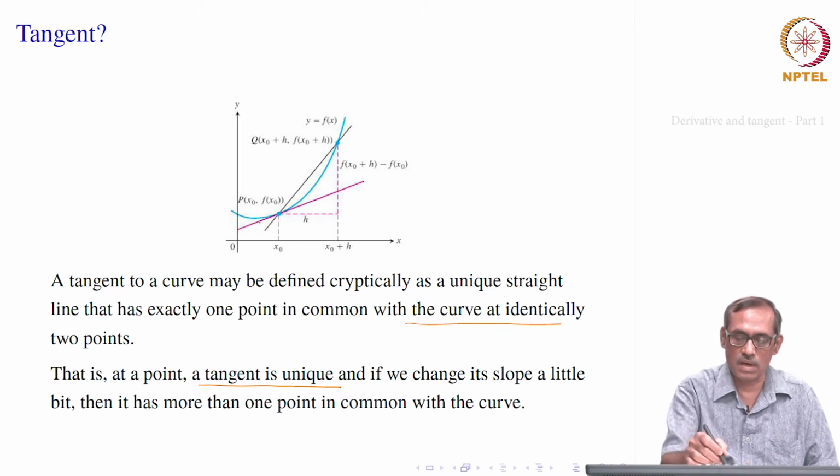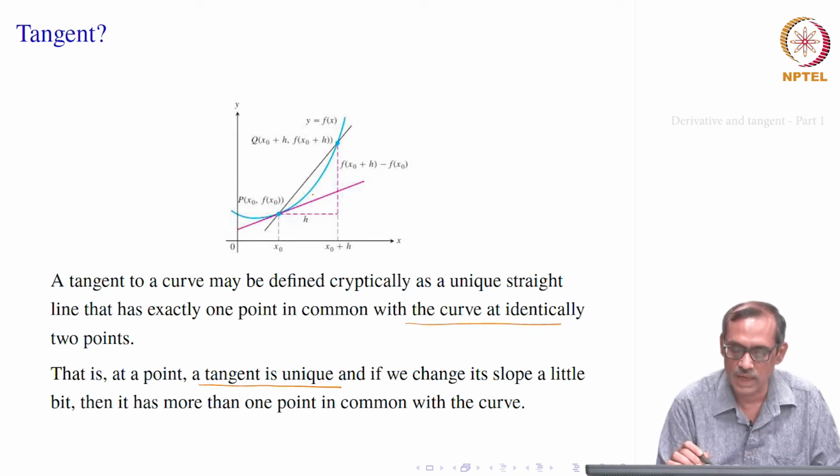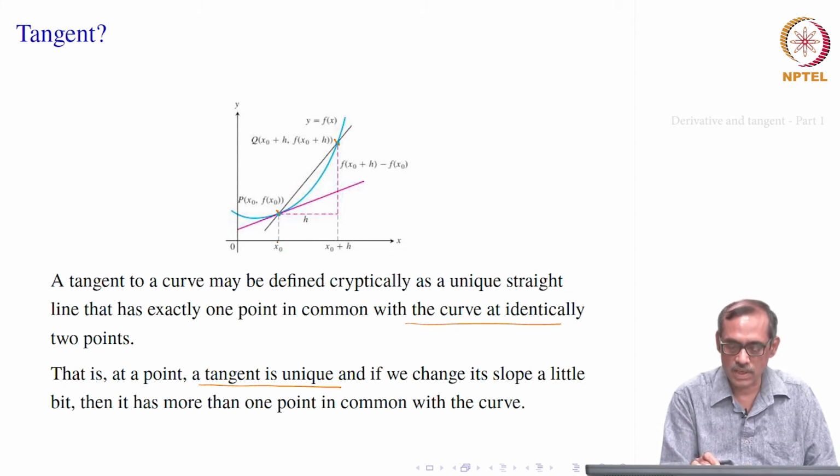So, that is what we feel a tangent is. But this is about a curve in the plane. We are only talking of curves which are functions, and specifically y equal to f of x. For that we want to see what will be the tangent at a point. As you see, for us the definition will be something like this: you take 2 points on the curve, say P and Q. Let us say the distance corresponding to that on the x axis is h.